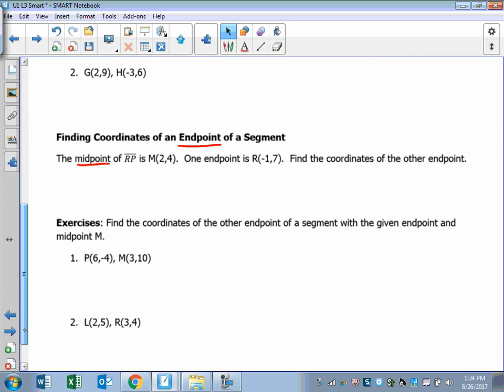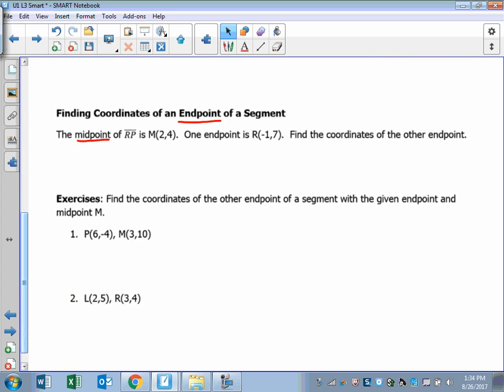So we go back here to this example. The midpoint of RP is 2, 4. So we have our midpoint of x, and we have our midpoint y. Okay?